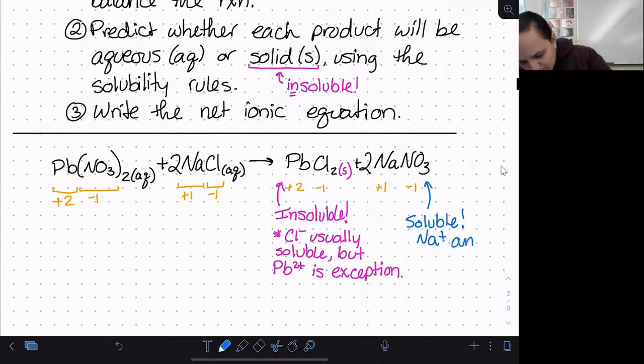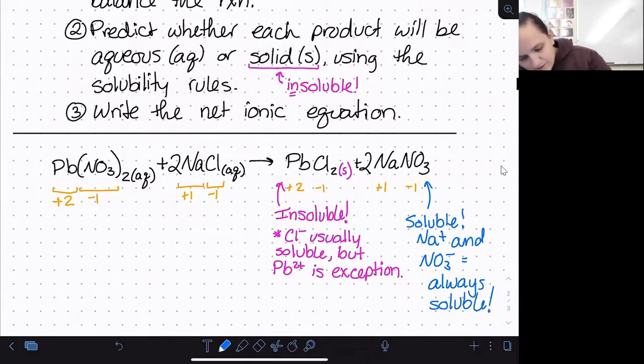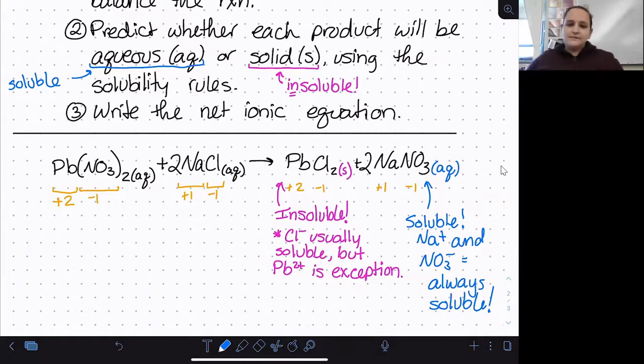Both Na+ and NO3- are always soluble. So anything soluble is going to remain dissolved in solution, or aqueous. So this will be aqueous.